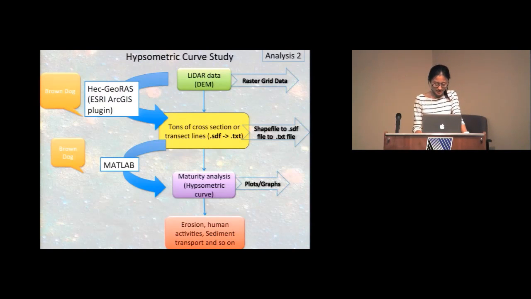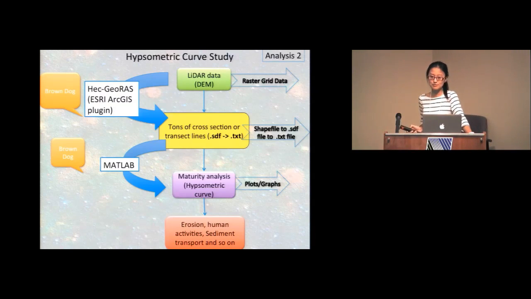My second example is about a hypsometric study. Again, the input data is still LiDAR data, and here I use HackGRS to help me generate the cross-sections along the stream channel automatically. HackGRS can capture the elevation and coordinate information in the cross-section lines. After I get this, it will create a text file.